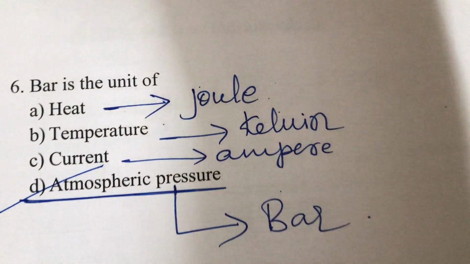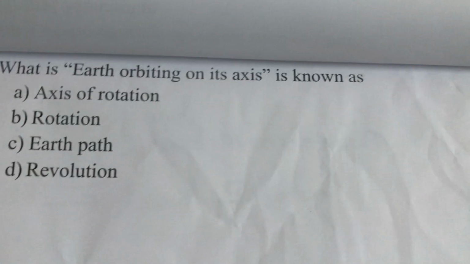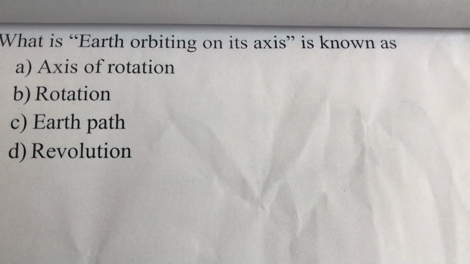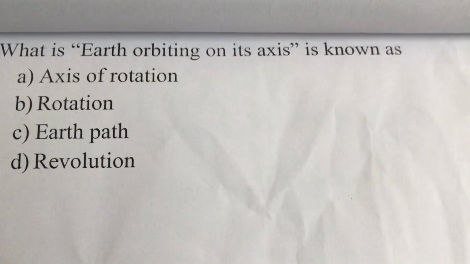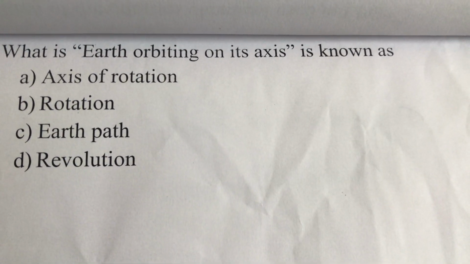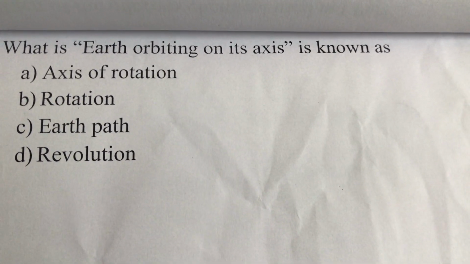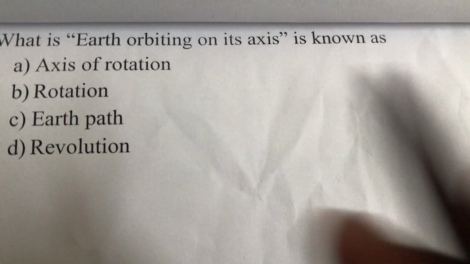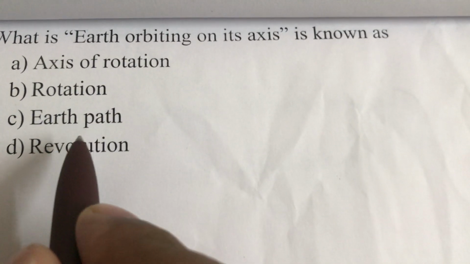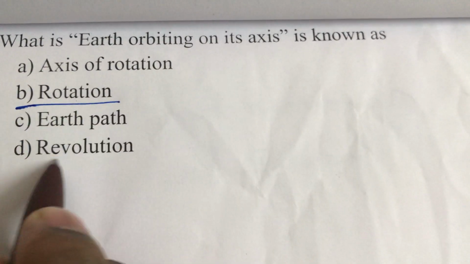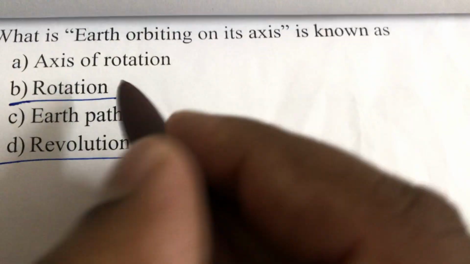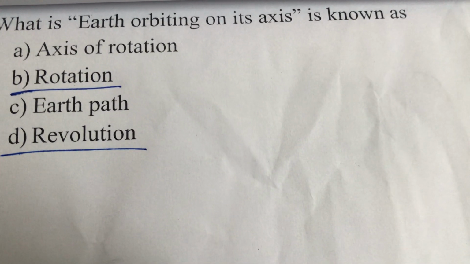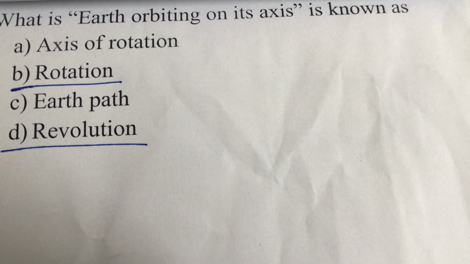We'll move to the 7th question. What is Earth's spinning on its axis known as? Option A, axis of rotation. Option B, rotation. Option C is Earth orbit. Option D is revolution. Remember, Earth has 2 types of movements: one is rotation, one is revolution. An example for rotation: the fan rotating, the top rotates, right?